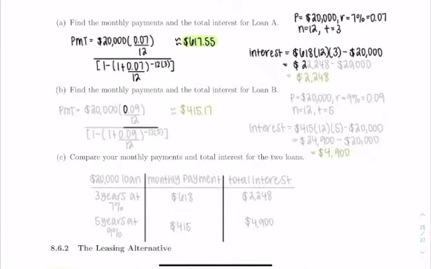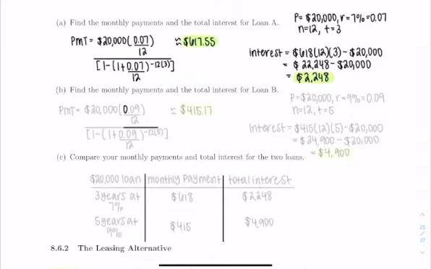So we get $22,248 minus the $20,000 loan, or the original amount, and the interest is $2,248. So you're paying an additional $2,200 on top of what the original amount of the car was.